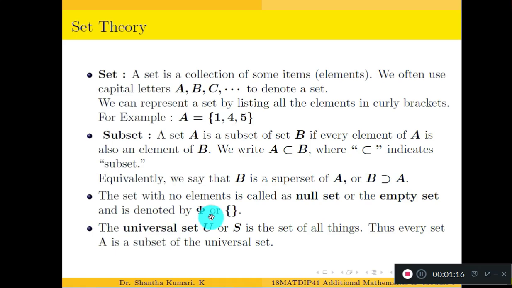And the universal set U, especially in probability, denoted S, is the set of all things or the collection of all items. Thus every set A is a subset of the universal set. So remember all these definitions: set, subset, how to write a null set, and the meaning of universal set.